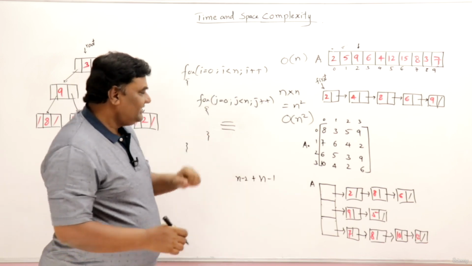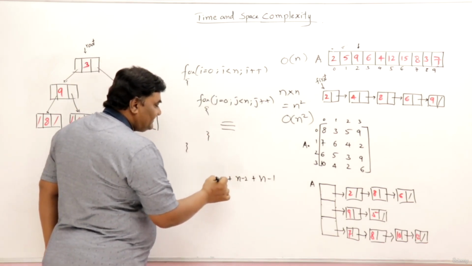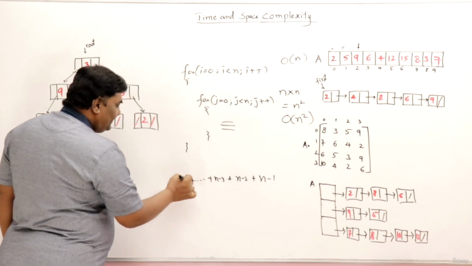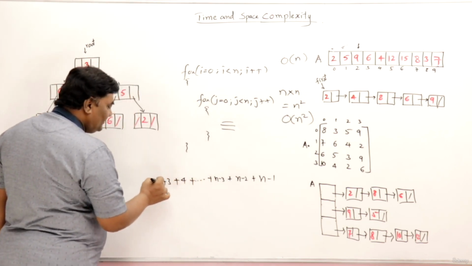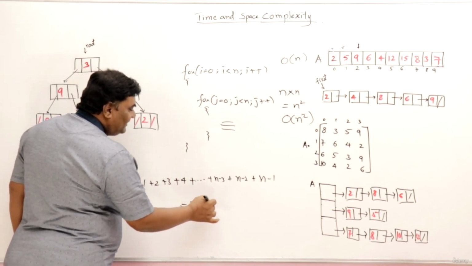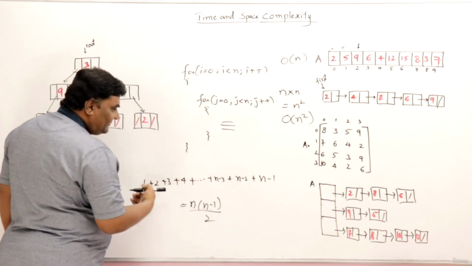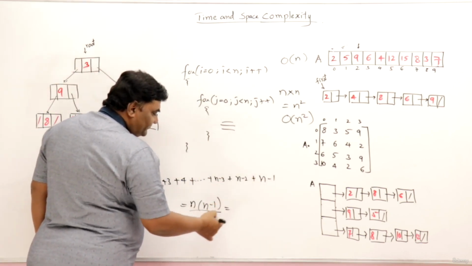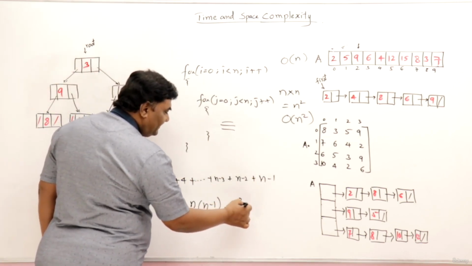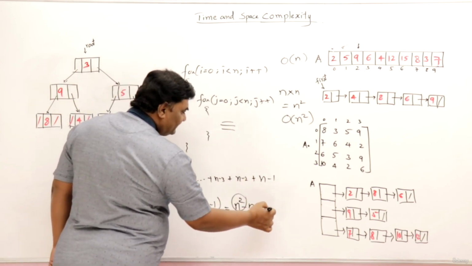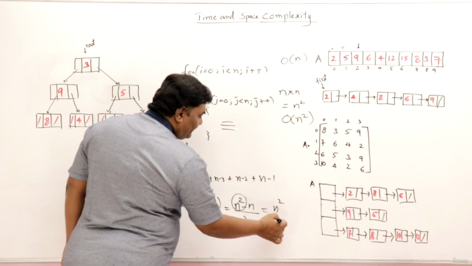You are processing the rest of the elements. So this is n minus 3. Like that, it will go on reducing. Then finally it will be 4 elements, 3 elements, 2 elements, then 1. This is what? n into n minus 1 by 2, the sum of the first n natural numbers. So this is not n minus 1, this will be n square minus n by 2. So what is the degree of this polynomial? This is n square. So it's order of n square.